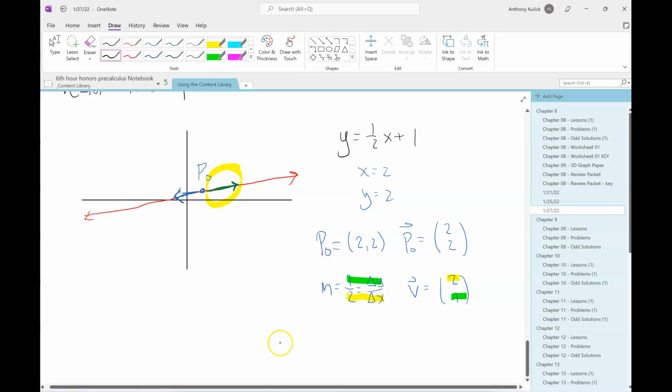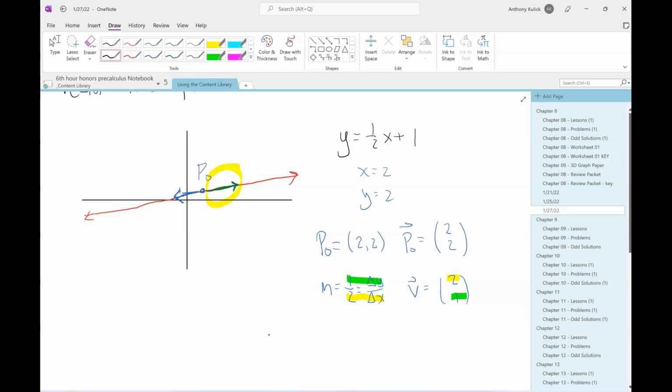So what I'm going to do is include a scalar that I'm going to attach to the direction vector. Remember that scalar multiplication doesn't affect direction, right? It's just going to change the length of the vector. Well, it could make it the opposite direction if you multiply by a negative, but for our purposes of having a line, whether it's pointing this way down the line or that way down the line is okay.